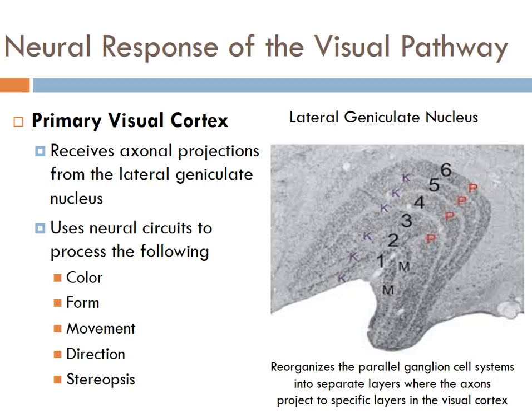The last step in this neural response of the visual pathway is the signal going through the lateral geniculate nucleus and then to the visual cortex. And we've got this nice schematic here of the lateral geniculate nucleus, and you can see the different divisions. The parvocellular division is represented by the P, this first dark band here, here, here, and here. This is the parvocellular division, these bands right here.